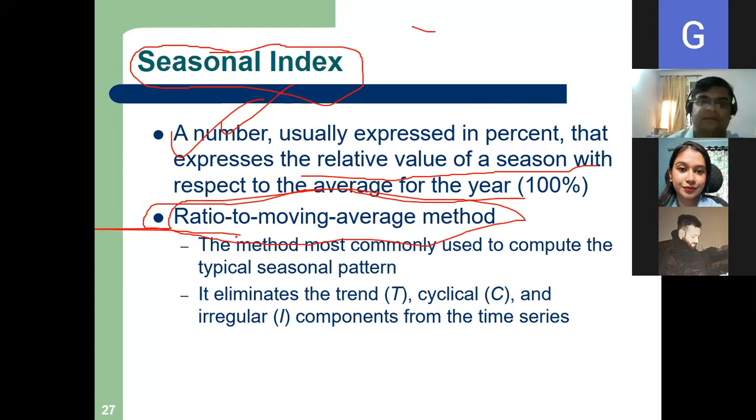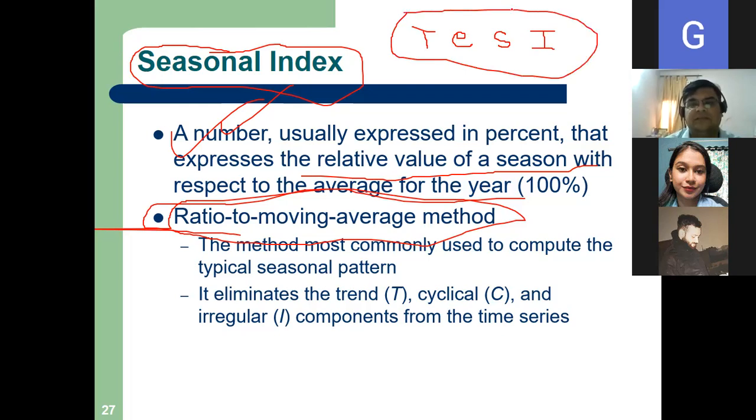See, very simple. What we try to do in this method is, there are 4 components, right? TCSI. Hope you remember in the first session we discussed TCSI. So what we do is we try to construct an index called seasonal index from this.